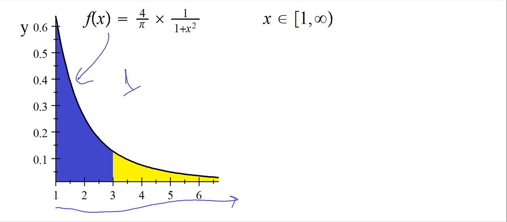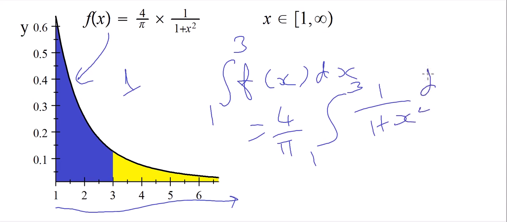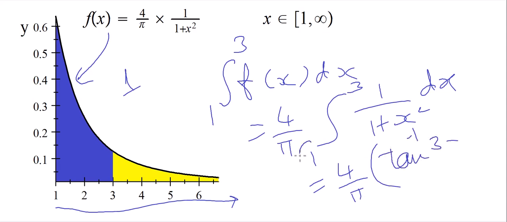All that you have to do is take the integral from 1 to 3 of f, which is 4 over pi times the integral of 1 over 1 plus x squared dx. And that is, as you just saw, 4 over pi times tangent inverse 3, and at 1 it will become pi over 4.